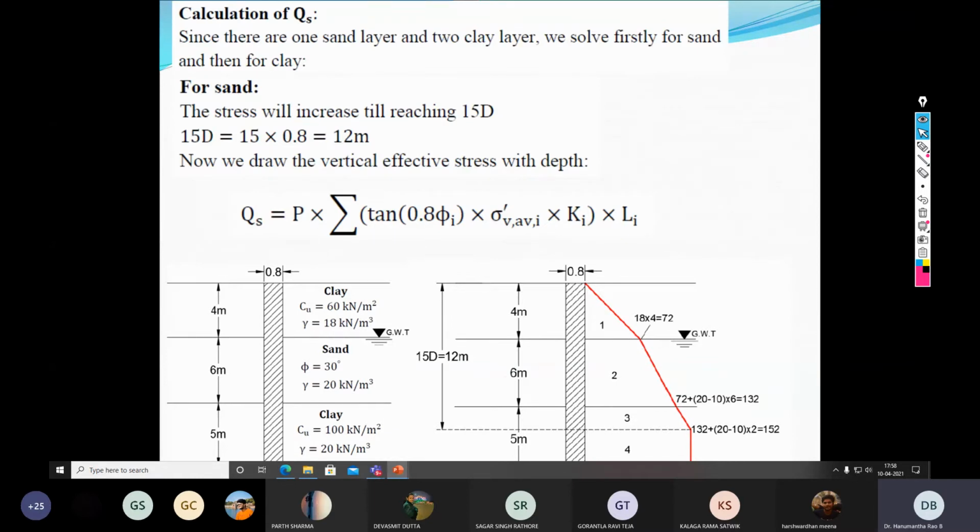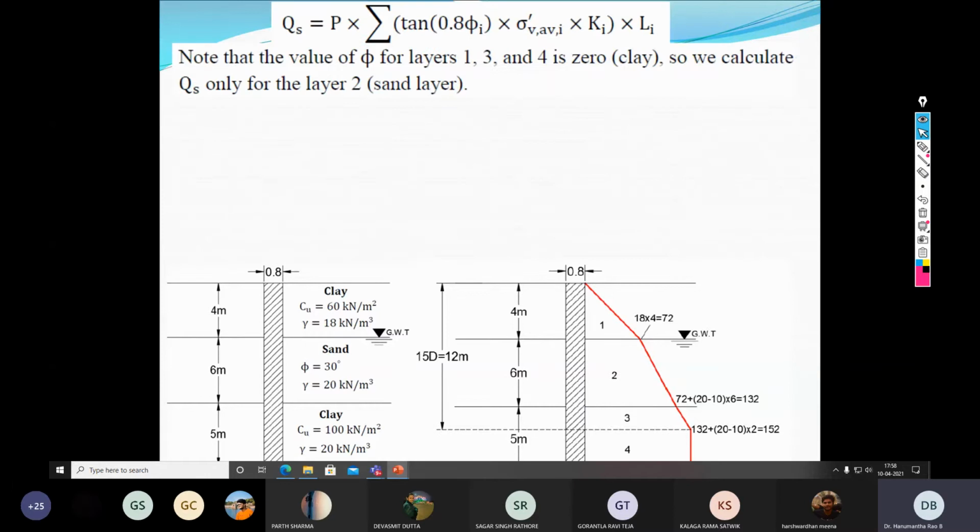And calculate the perimeter P. Note that the value of phi for layers 1, 3 and 4 is 0, because they are the clay layers. So we calculate Qs only for layer 2, that is the sand layer. I have already explained that part. The perimeter P is pi into D, that is 2.51 meter.